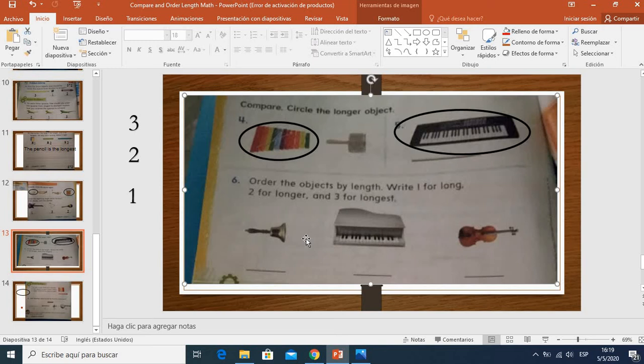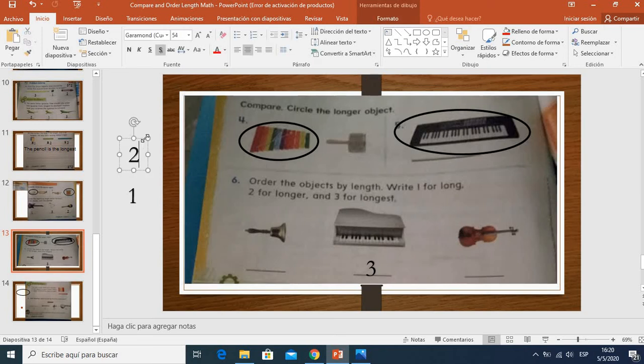El más largo. Which one is the longest? The bell, the piano, or the violin? The piano, very good. So you need to write the number 3 on the line. Now, let's compare the violin and the bell. Which one is longer, the bell or the violin?